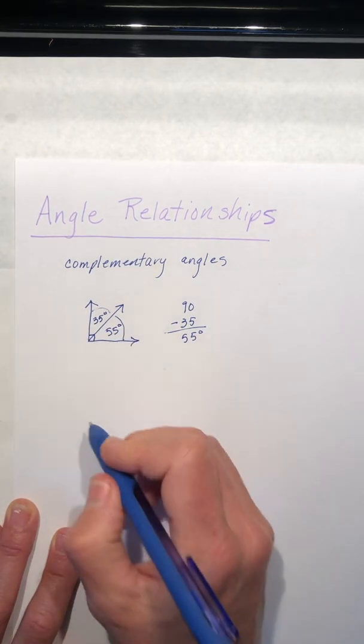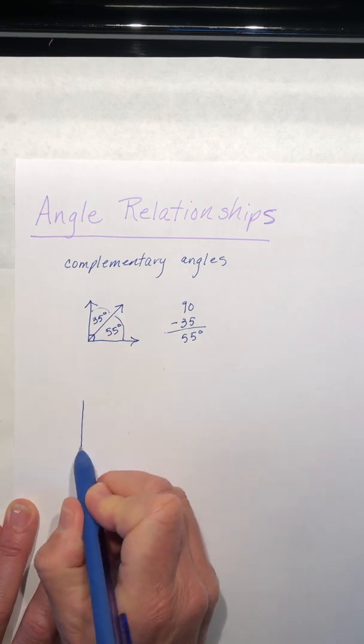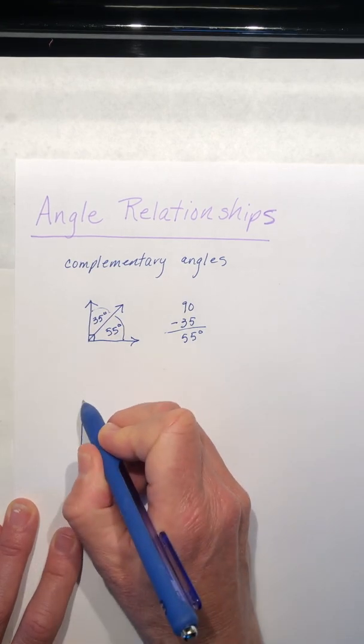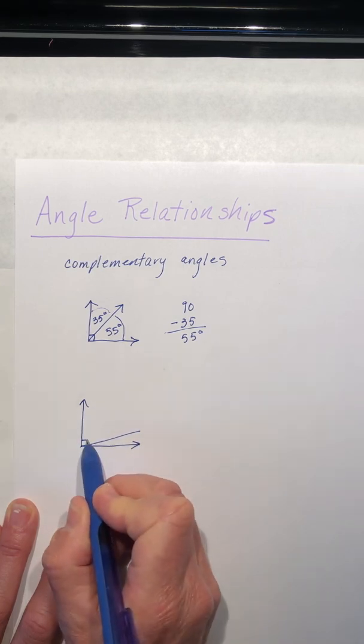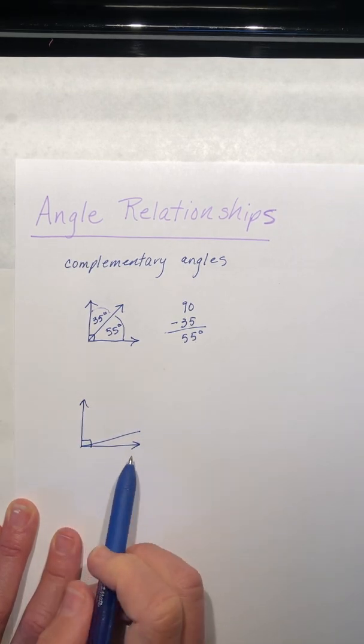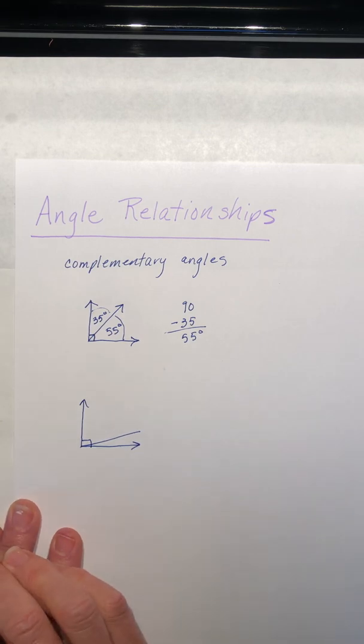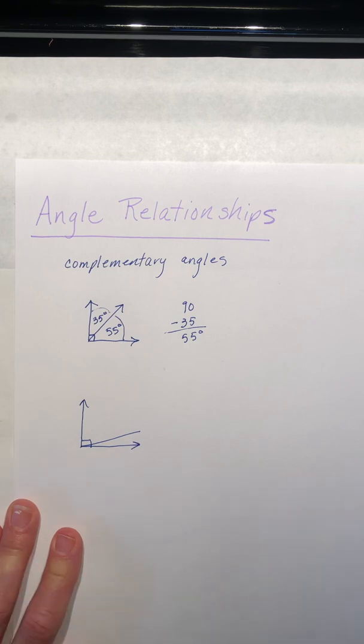Let's look at another one. So again, when you see the symbol, you know that the angles are complementary angles. We have two angles that together add up to 90 degrees.